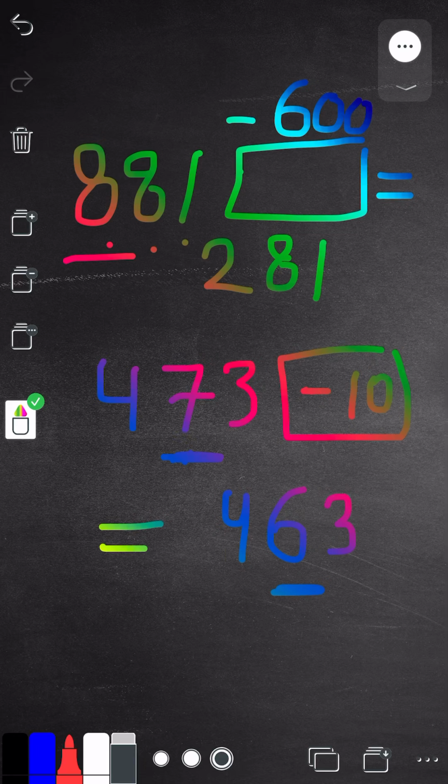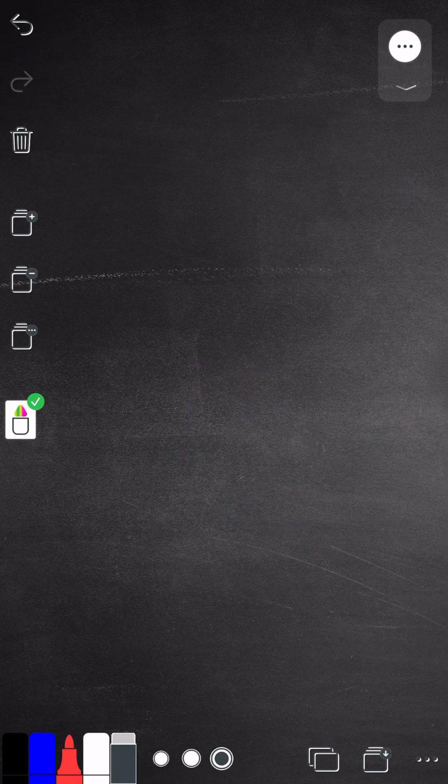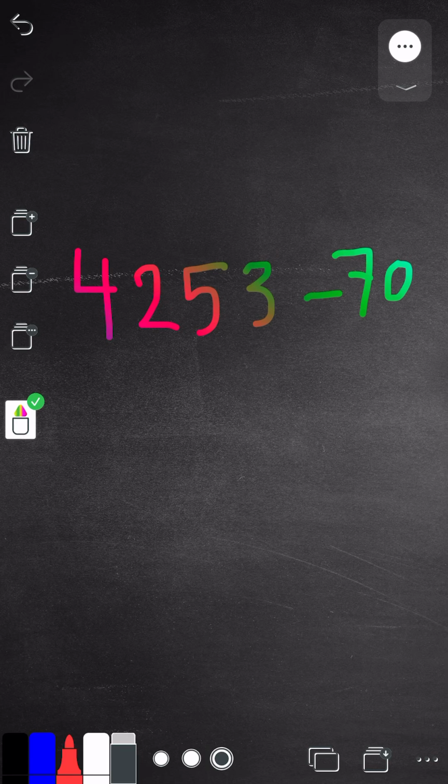All right, what if we have a number like this? We have 4,253 minus 70. So we have to subtract 70 from the tens, right? But we use our subtraction methods that we've learned before.